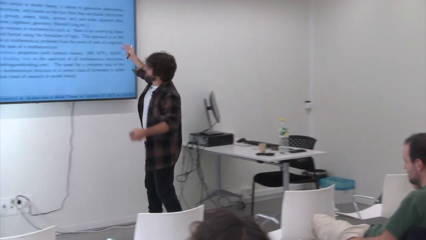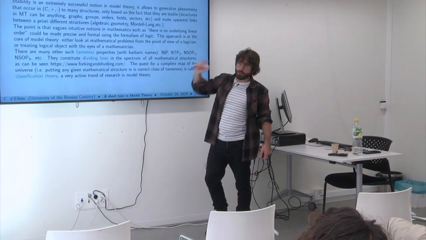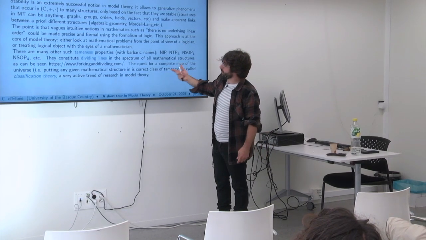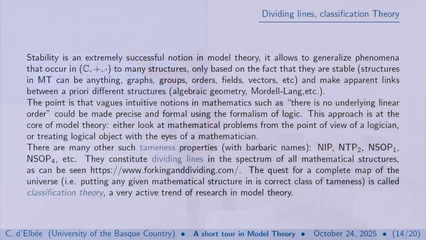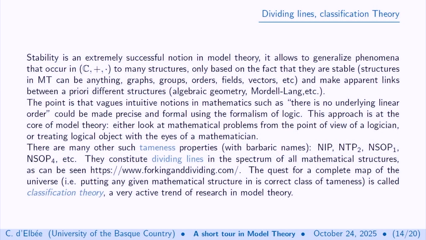And that's where model theory takes a lot of sense in mathematics, because you can use the formalism of logic to define intuitive phenomena in mathematics and other things probably. This approach is at the core of model theory: either look at mathematical problems from the point of view of a logician, or treat logical objects with the eyes of a mathematician.